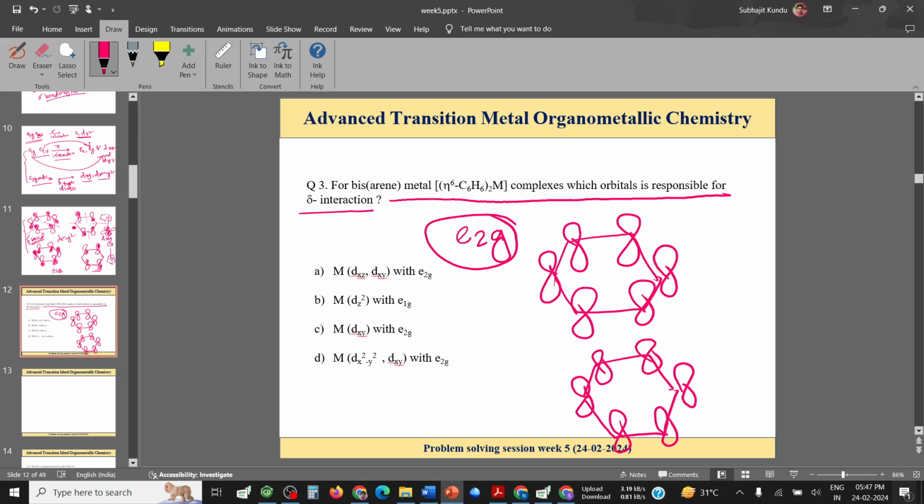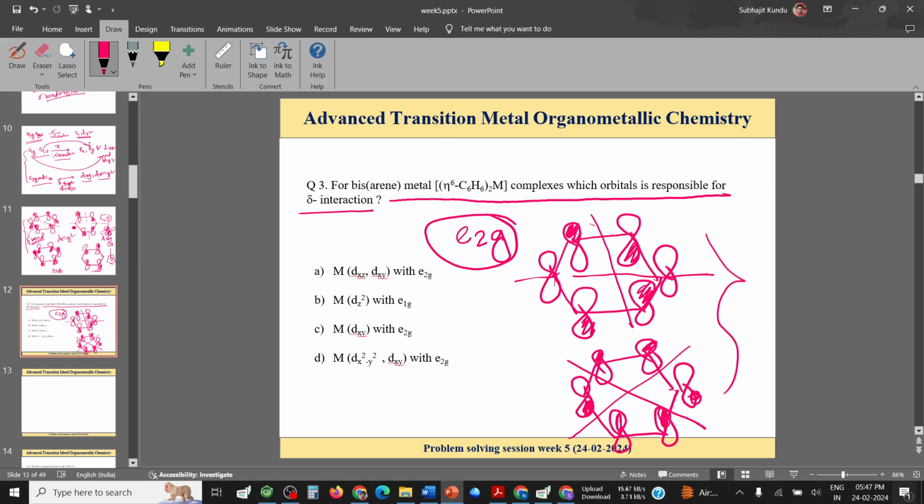So here the orbital has 2 nodes, one from here and one from here, and here that can be one from here and one from here. This is one through this atom which will have nodes. So here the orbital diagram will be this one, and for this system it will be like this. So this is the orbital diagram for the E2G.